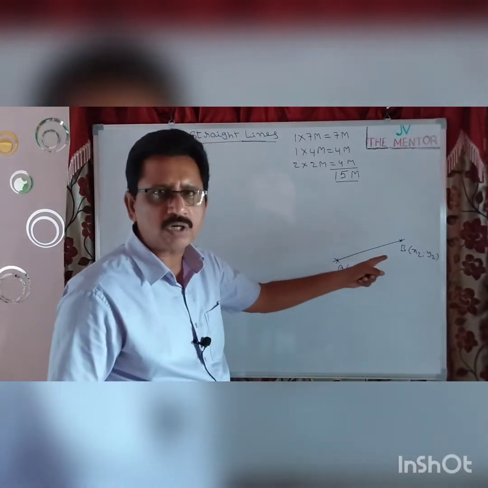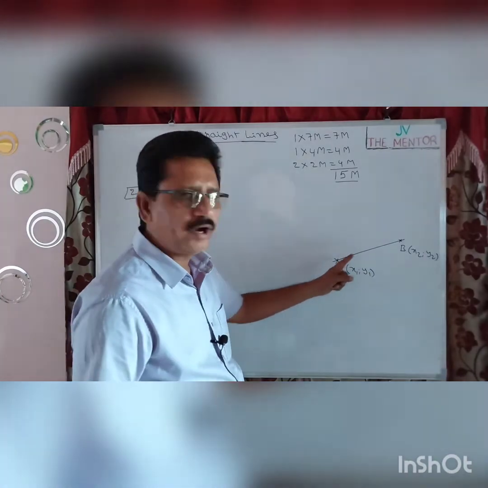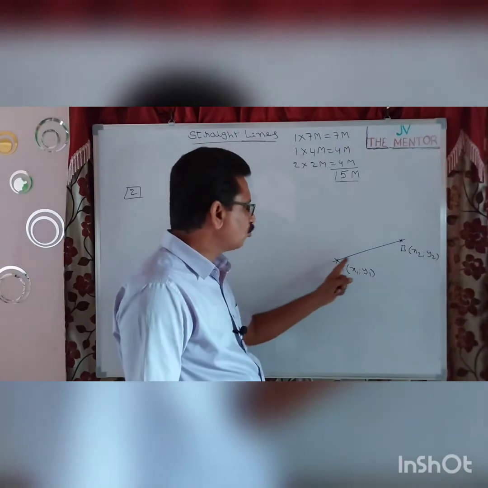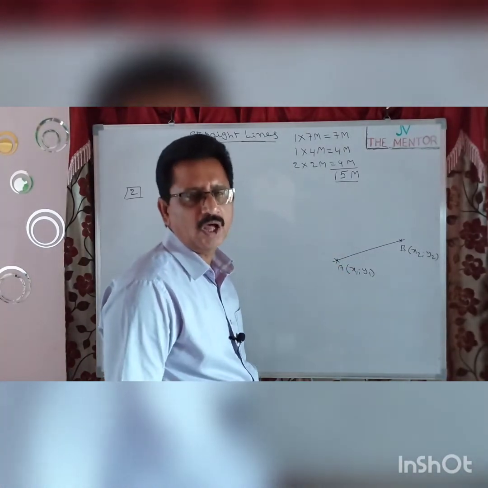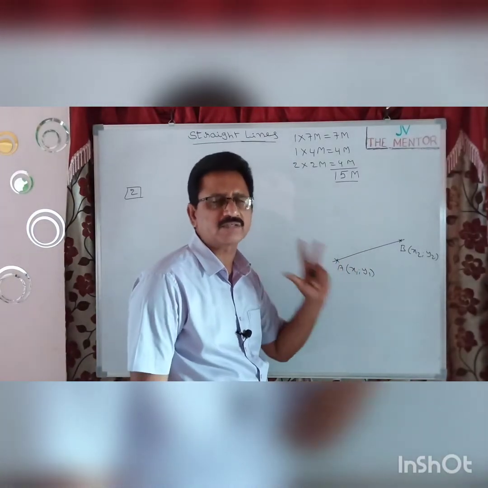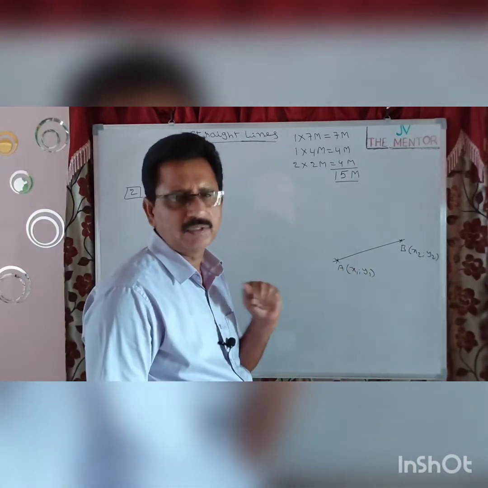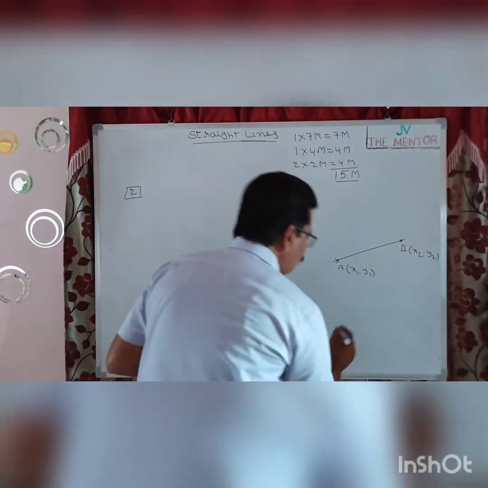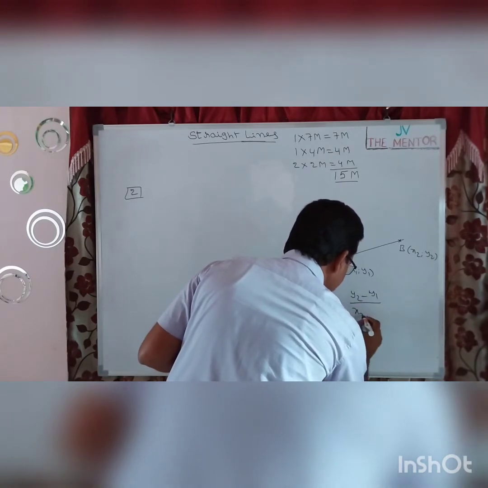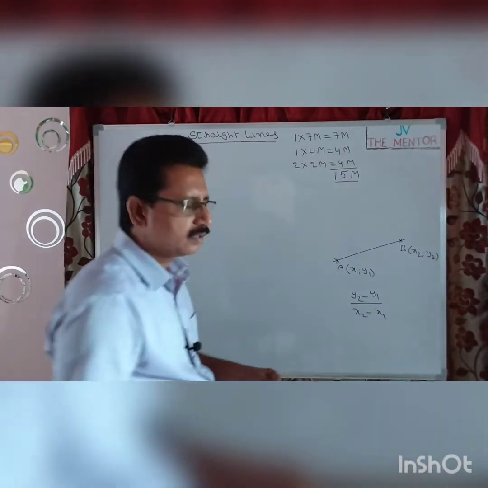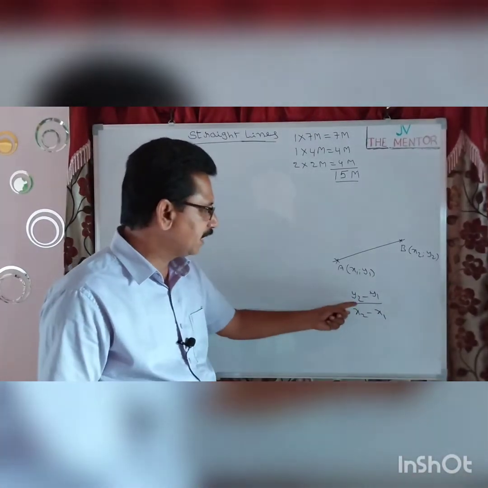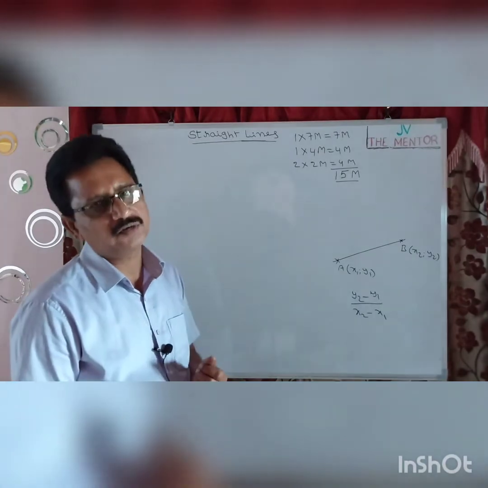Now the line passing through the points A and B. Now we will find the slope of this line AB. How to find the slope of the line passing through the points A(x1, y1) and B(x2, y2)? That is y2 minus y1 by x2 minus x1, or y1 minus y2 by x1 minus x2. That means the difference of y coordinates by the difference of x coordinates.